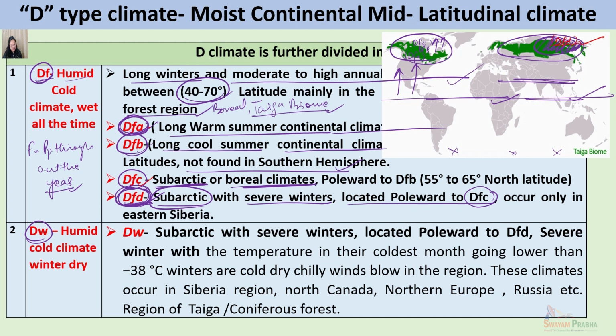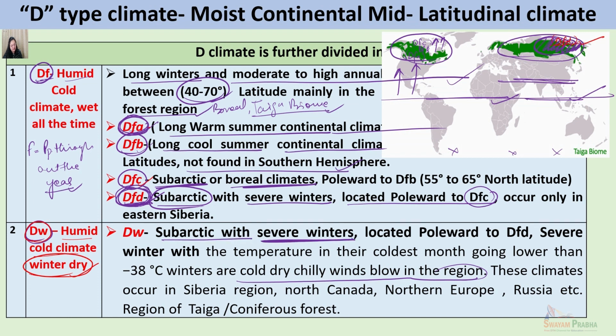Now another category of D type of climate is DW type of climate, which is again humid cold type of climate but with a winter dry season, that is, there is no precipitation during the winter season, and winters are practically very cold, dominated by cold, dry, chilly winds blowing in the region. So this practically shows the subarctic region with very severe winters.